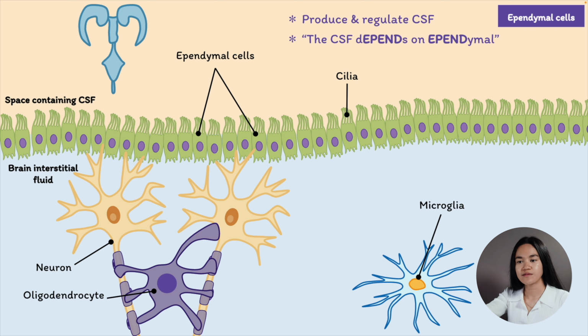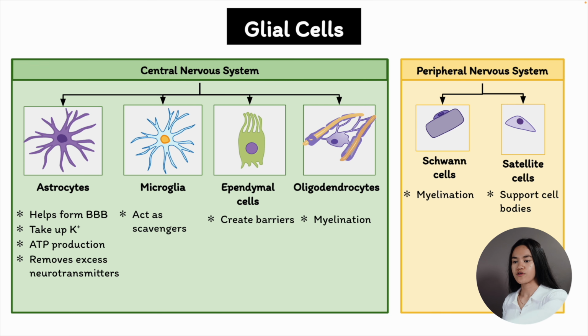This helps circulate the cerebrospinal fluid throughout the cavities of the brain and spinal cord, bringing nutrients and other substances to neurons, and as we mentioned before, filtering out waste substances. Okay, so going back to our overview diagram, ependymal cells create barriers and they secrete and regulate CSF.